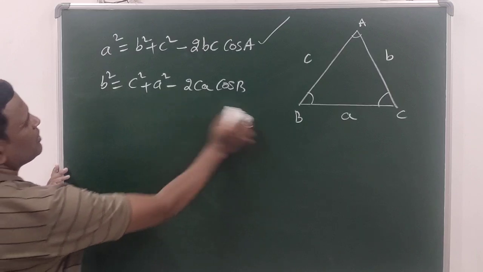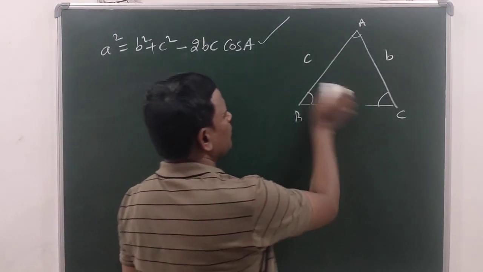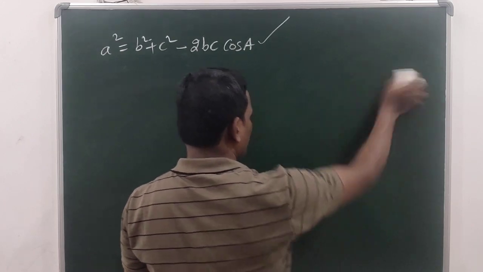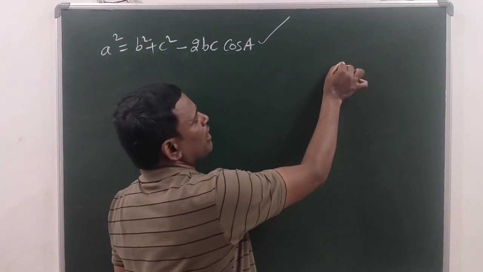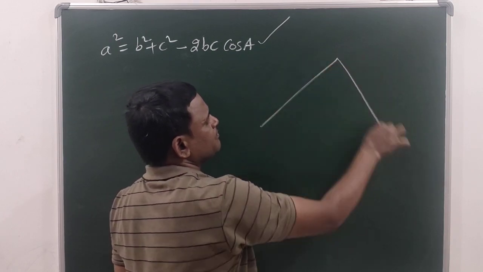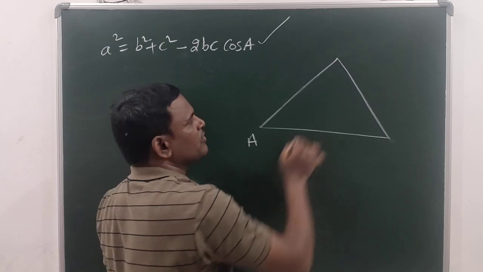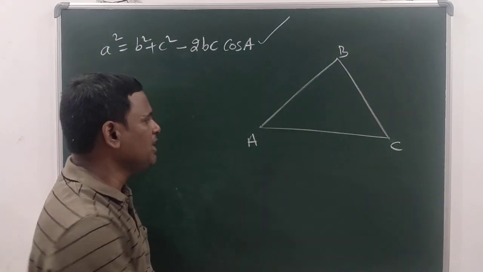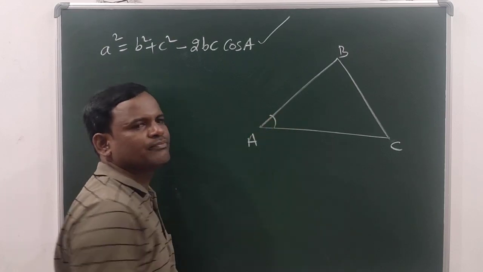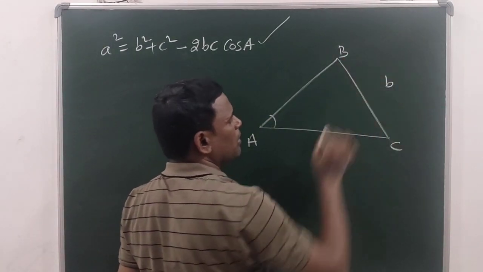Now let us see this first cosine rule proof. To prove it, students, observe me. So now I would like to take angle A over here, B here, C here. Now angle A is acute. So you know this BC length is denoted by small a.